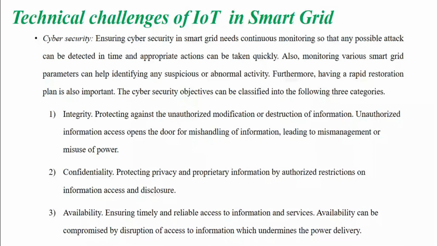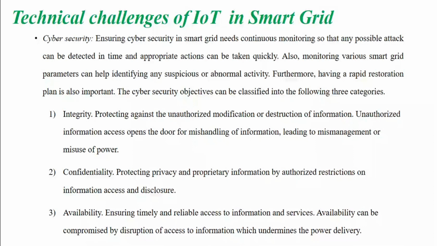Cyber security is the first challenge because everything is controlled from the internet. Now, if for any reason there is a failure of the internet system, or if a hacker wants to hack the system, it will create problems.